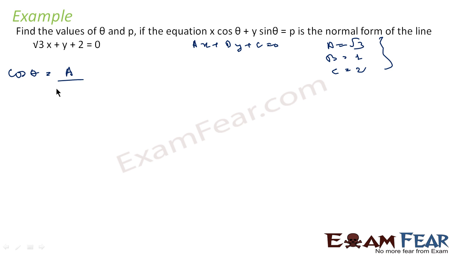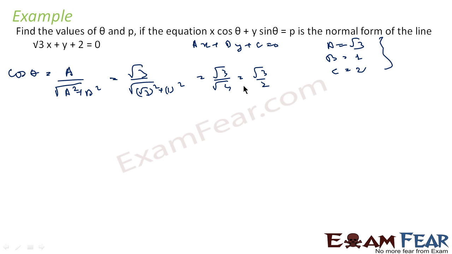We know that cos theta is nothing but a by root of a square plus b square. So this comes out to be root 3 by root of (root 3) whole square plus 1 square, that is root 3 by root 4, that is root 3 by 2. So cos theta is equal to root 3 by 2, right?